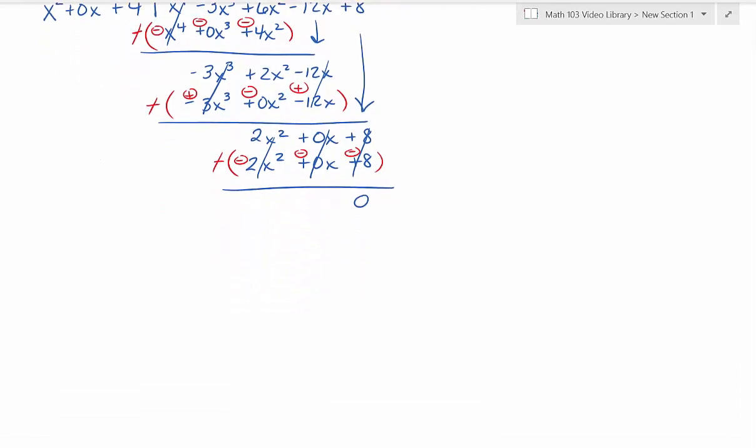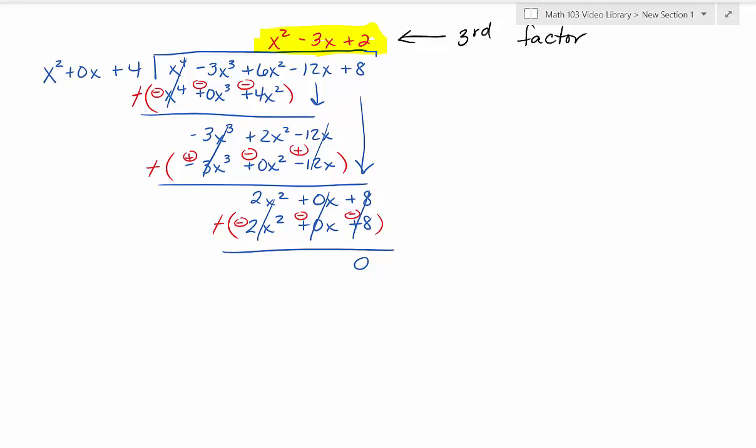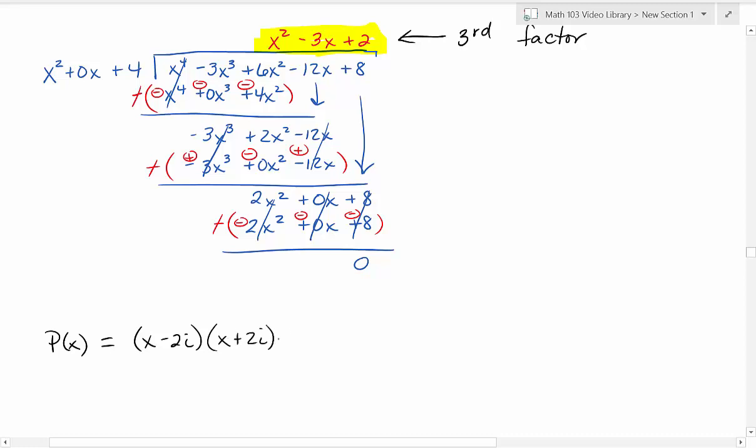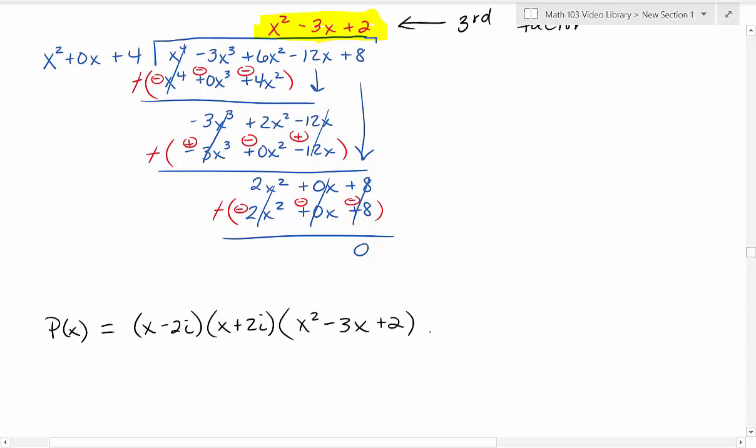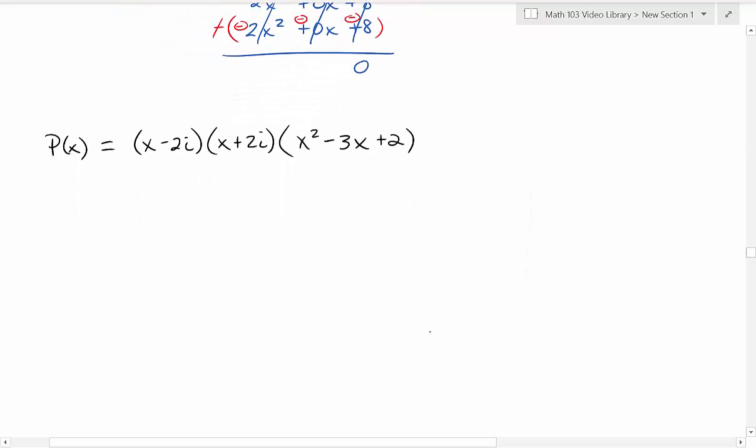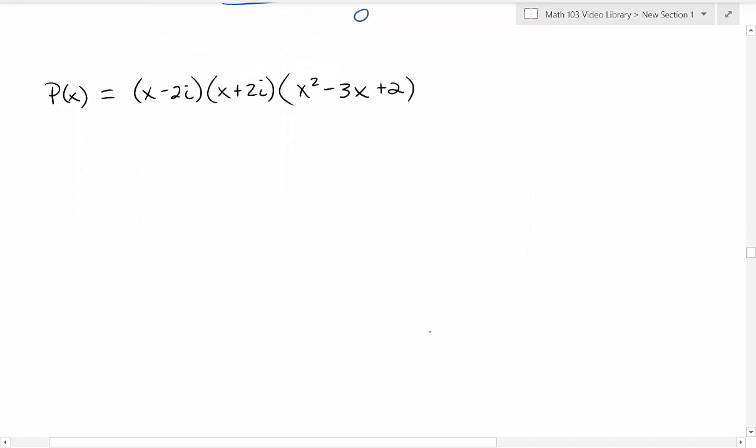Let's continue factoring p of x. P of x is going to be equal to our first two factors, x minus 2i and x plus 2i. And now our third factor is x squared minus 3x plus 2. To find the zeros, we want to get our p of x totally factored, and then we'll set each factor equal to 0.